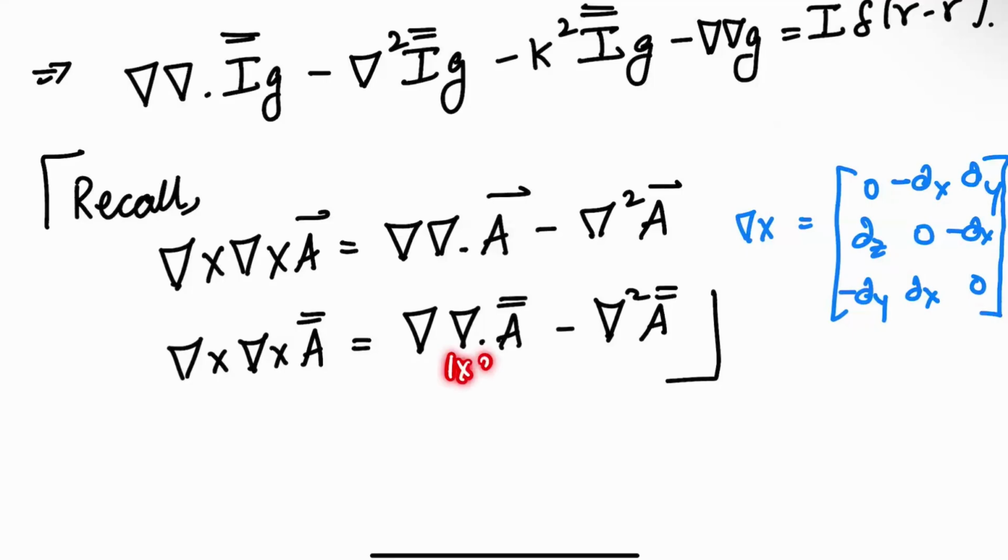So this is a 1 by 3 matrix, and this is a, let's say, 3 by 3 matrix. Then this whole quantity is a 1 by 3 matrix, right? And then the gradient operator takes a scalar to a vector. So that's a 3 by 1 matrix, right? So you have 3 by 1, and this whole thing is 1 by 3. So this whole thing is then 3 by 3. That's another vector. And it's the same thing with this as well.